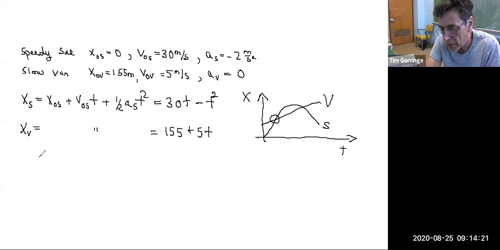So at the point of the collision, Speedy Sue's position, which is given by this equation, is equal to the van's position, which is given by this equation.